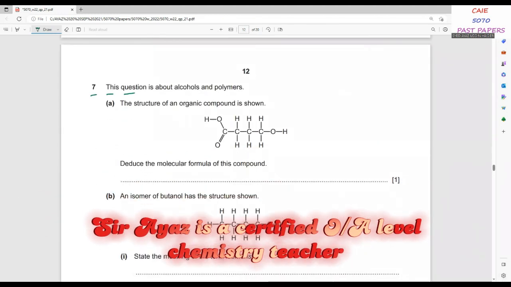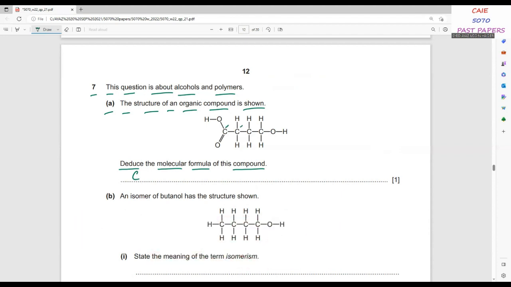Number 7, this question is about alcohols and polymers. A, the structure of an organic compound is shown. Deduce a molecular formula of this compound. We'll start counting the atoms, starting with carbon. 1, 2, 3, 4, so you write C4.